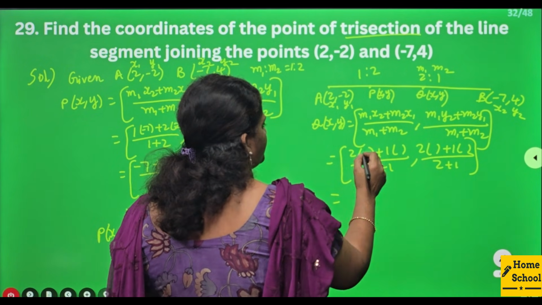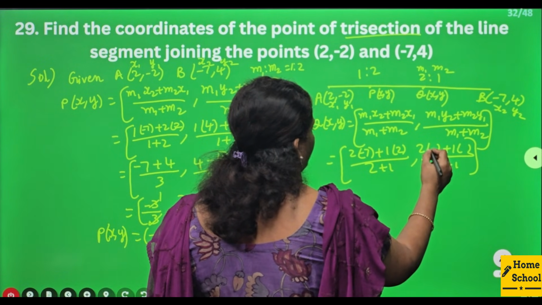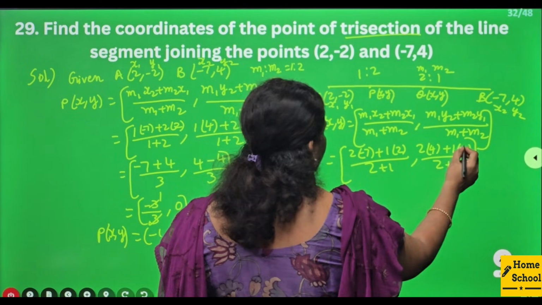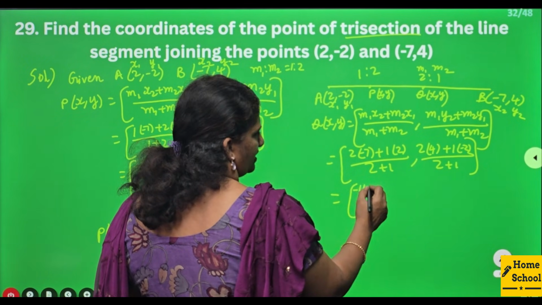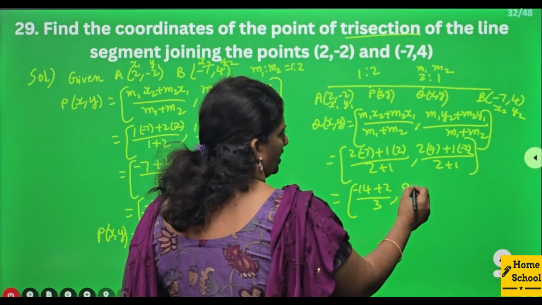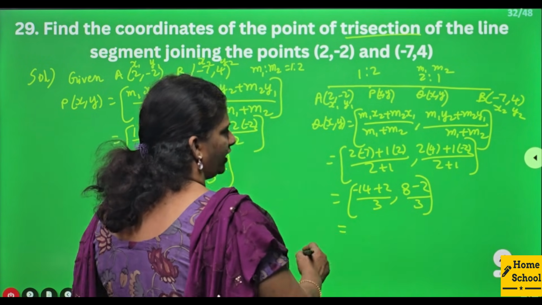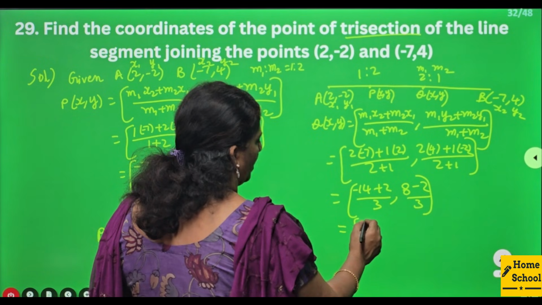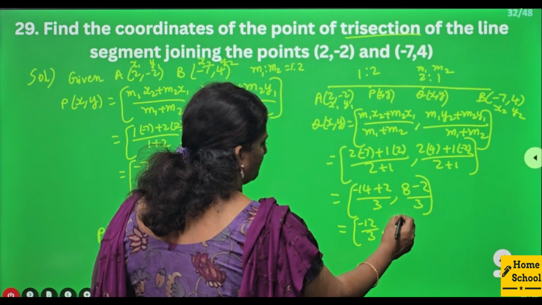x2 value is minus 7, x1 value is 2, y2 value is 4, y1 value is minus 2. Minus 7 into 2 is minus 14 plus 2 by 3, comma, 4 2s are 8 minus 2 by 3. Minus 14 plus 2 will be minus 12 by 3, comma, 8 minus 2 is 6 by 3.